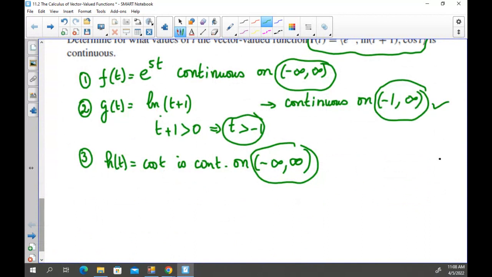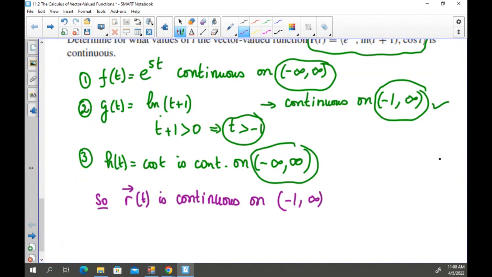From negative 1 to infinity, because of the middle function g. So the conclusion is that R of t is continuous on the interval minus 1 to infinity. You look at basically the smallest interval, the intersection of all the intervals.